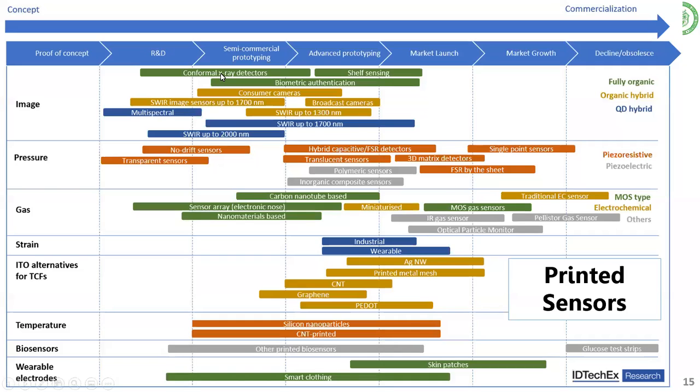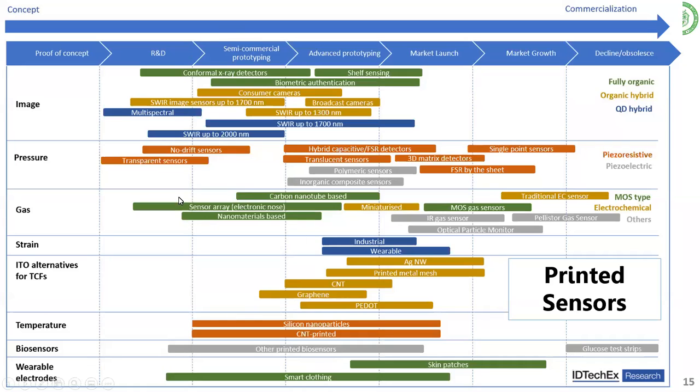Now, there is even X-ray detection, biometric authentication, and all other types of sensors: image sensor, pressure sensor, gas sensor, strain sensors, ITO, that is a conductive material but with transparent properties, transparent conductive films, temperature, biosensor, wearable electrodes.